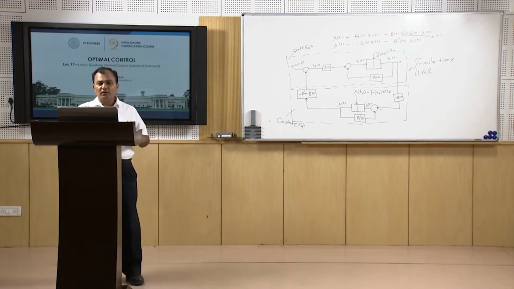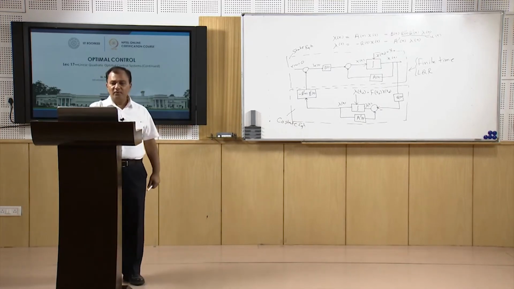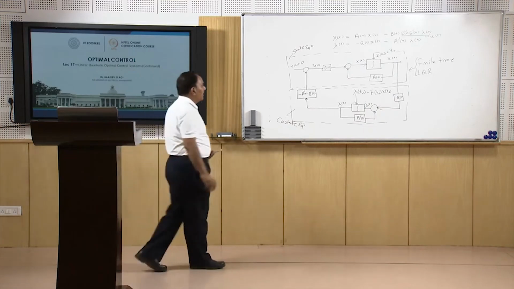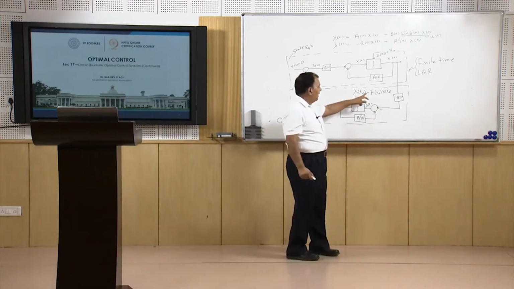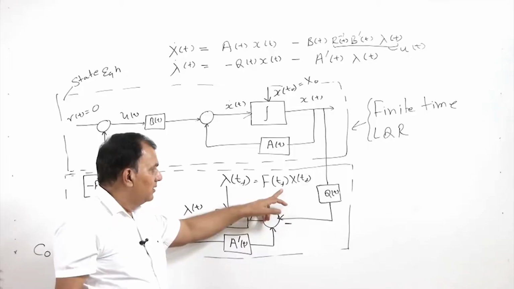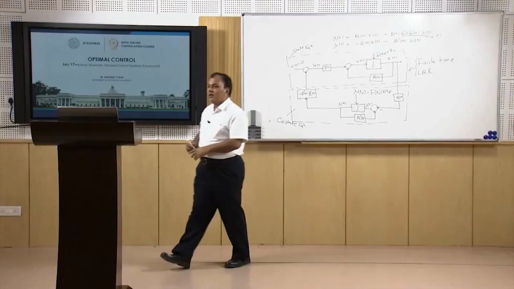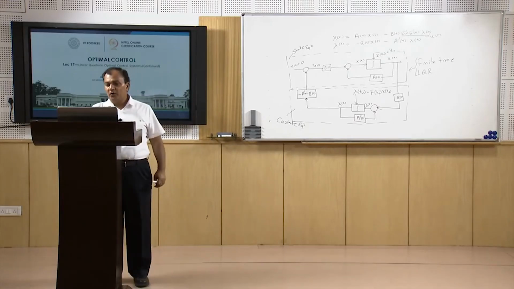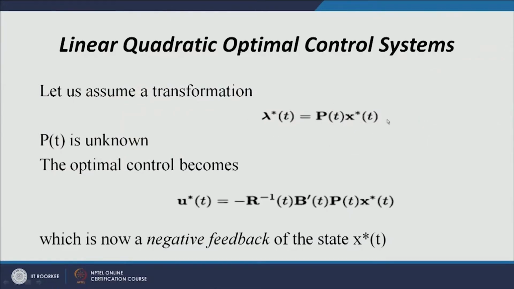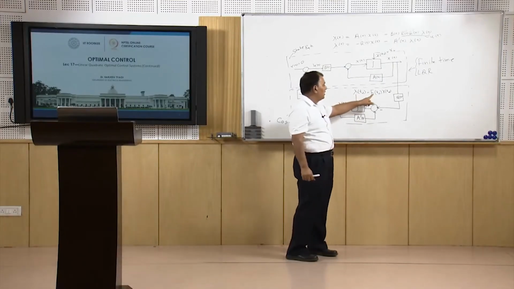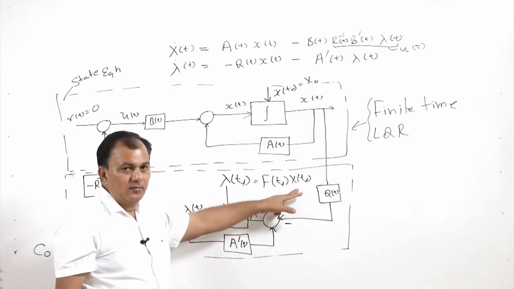The process to solve this problem is, we normally assume our lambda t as a matrix PT and xt, and this, as we said before, we get the intuition to consider lambda t as PT xt from my terminal condition, because this condition giving me f of Tf x of Tf.